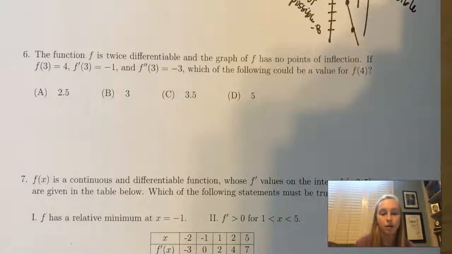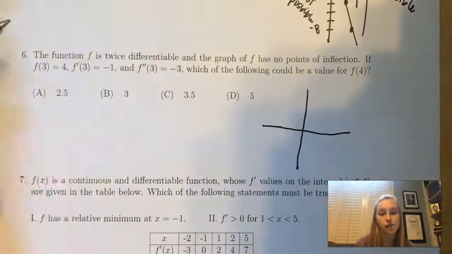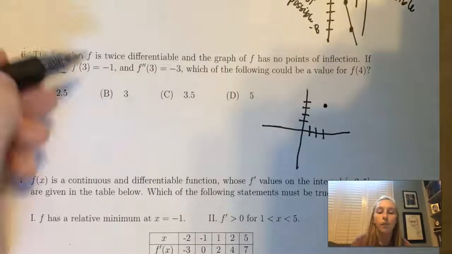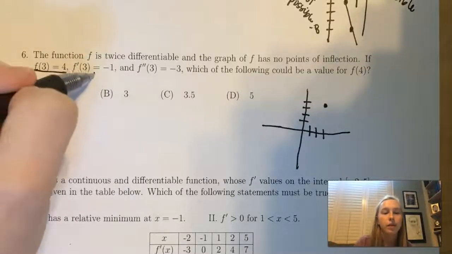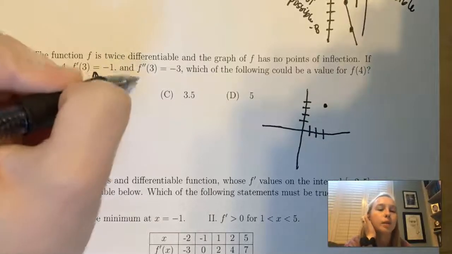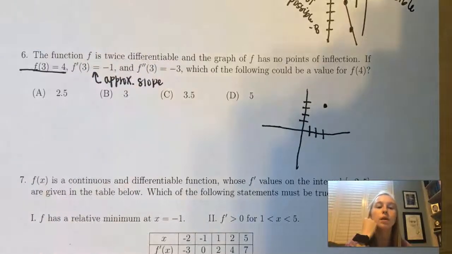Sorry for that really ugly coordinate plane. Okay. Anyway, we're given f of 3 is 4, so I just plotted that point. And next we're given that f prime of 3 is -1, which is the approximate slope.